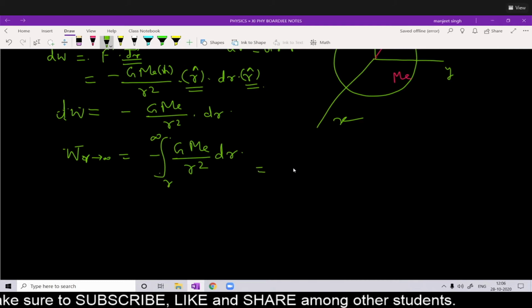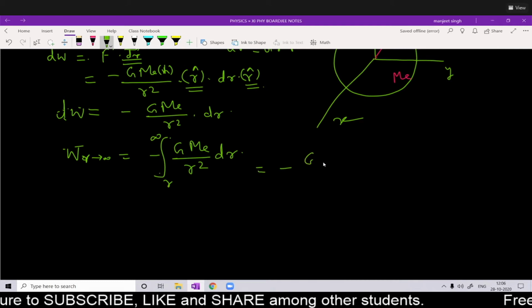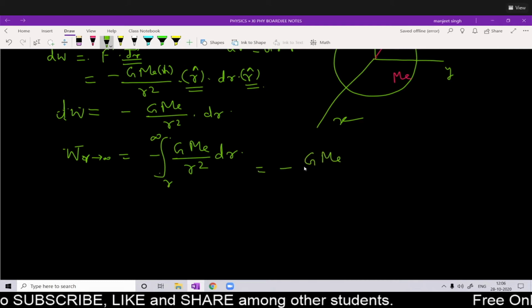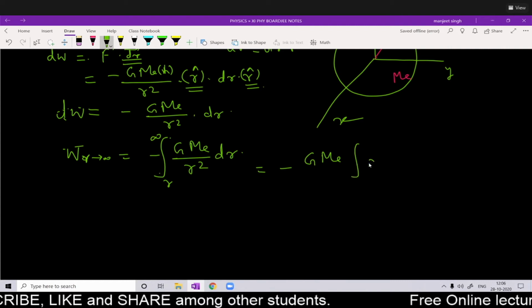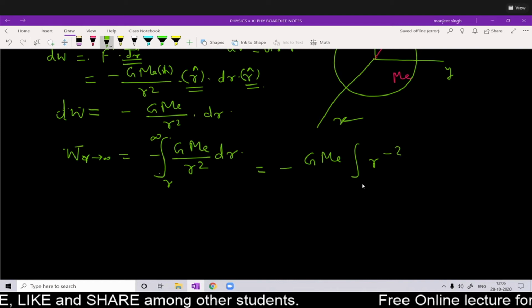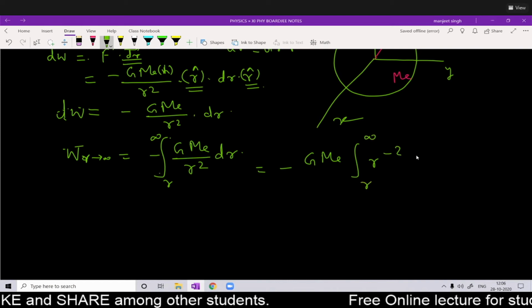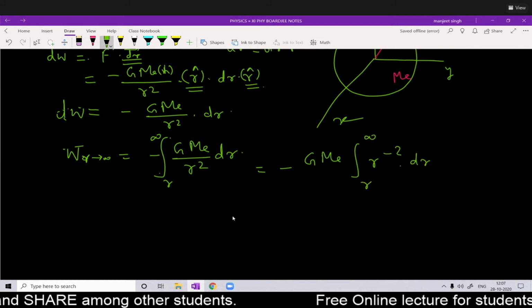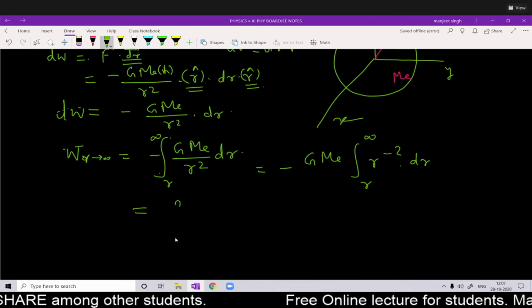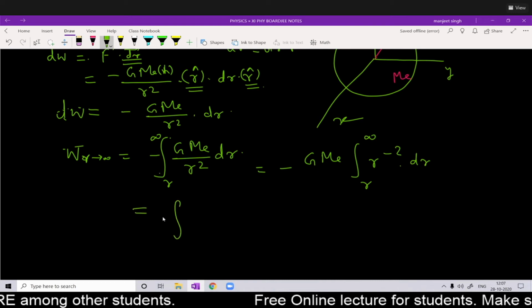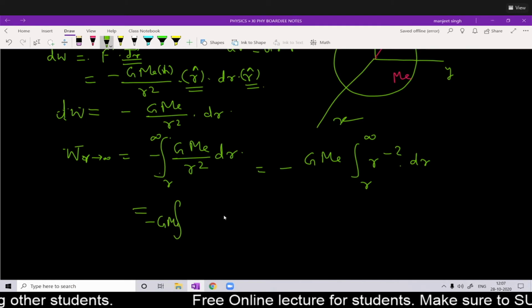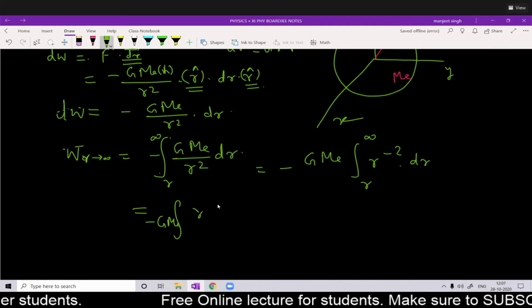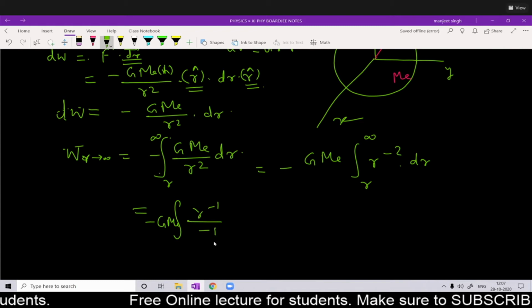Minus G M e can be taken out of the integration, and it becomes r to the power minus 2, from r to infinity, dr. What is the integration of r to the power minus 2? Minus G M e will be here, and r to the power minus 2 will become r to the power minus 1 upon minus 1.